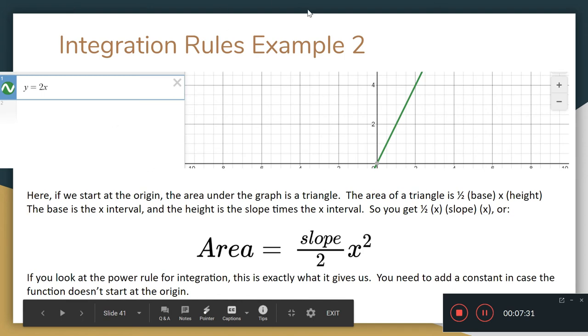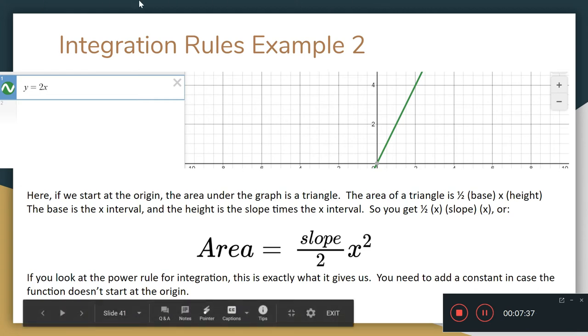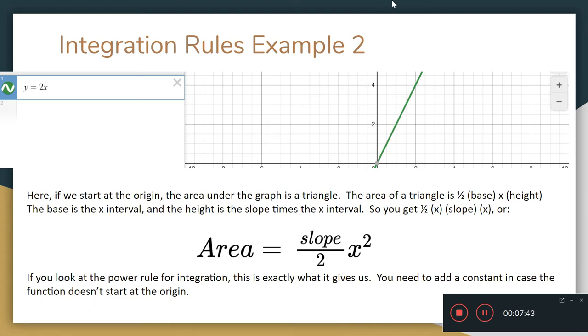Okay, so here's another example using the power rule. Our function is y equals 2x, so it's just a straight line. If we start at the origin here, the area under the graph would be a triangle. If we went from 0 out to, let's say, 2, this triangle would represent the area under that function. The area of a triangle is 1/2 base times height.